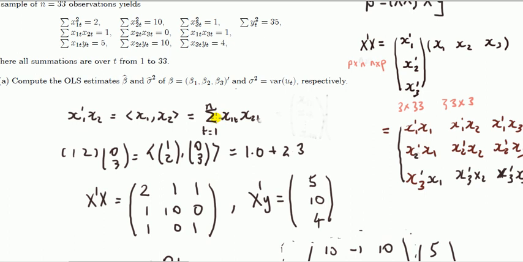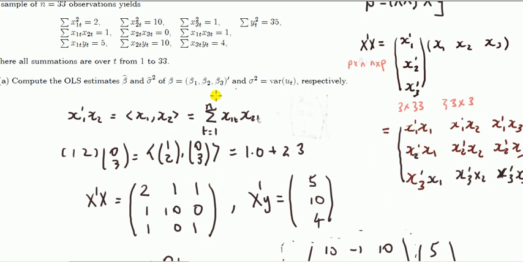That's the inner product operation. To give you an example, suppose x1 transpose is this and x2 is that. Then to compute the inner product, we compute this times that plus this times that, which gives this. So each of these entries is a sum like this, which you can see in the question are these sums.